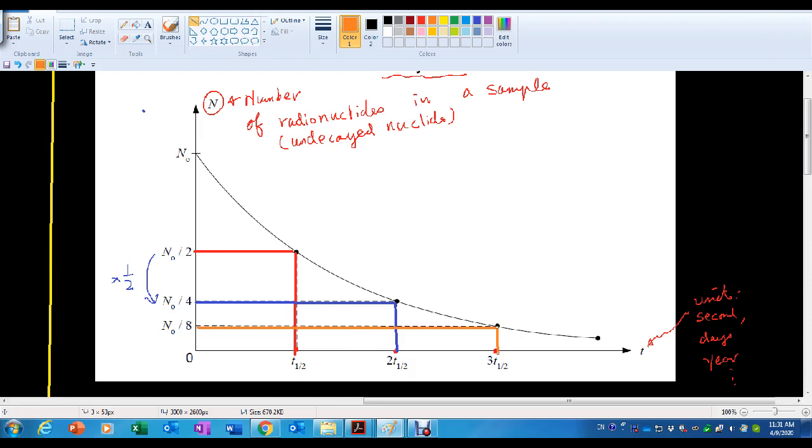It becomes 1/8. Why? Because that half-life is of the quarter of undecayed nuclides, not of the original. So it becomes 1/8. You see, always times 1/2.